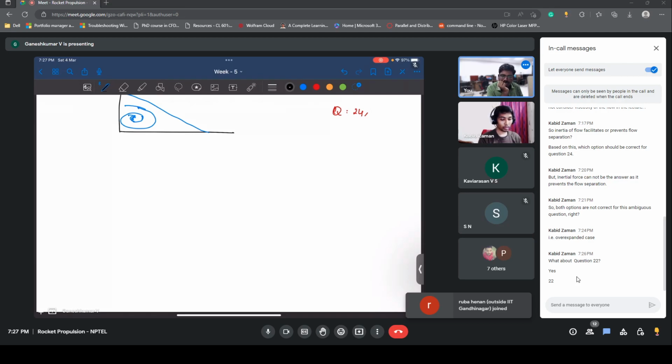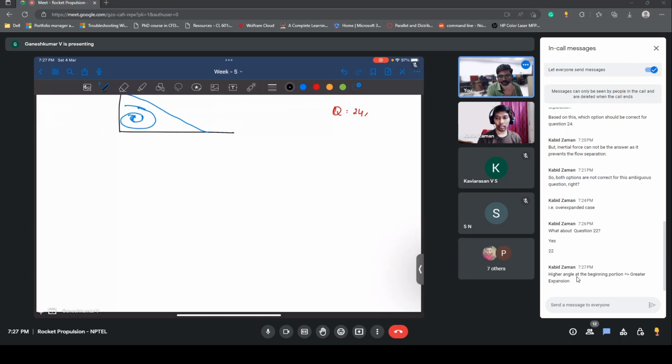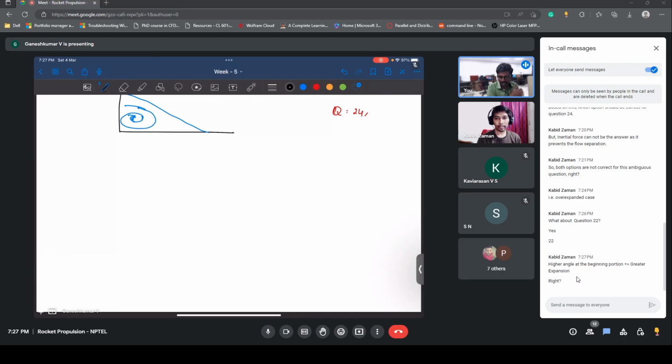The conical nozzle is simple. In the contour nozzle the initial divergence angle is more, and later the divergence angle will be less.